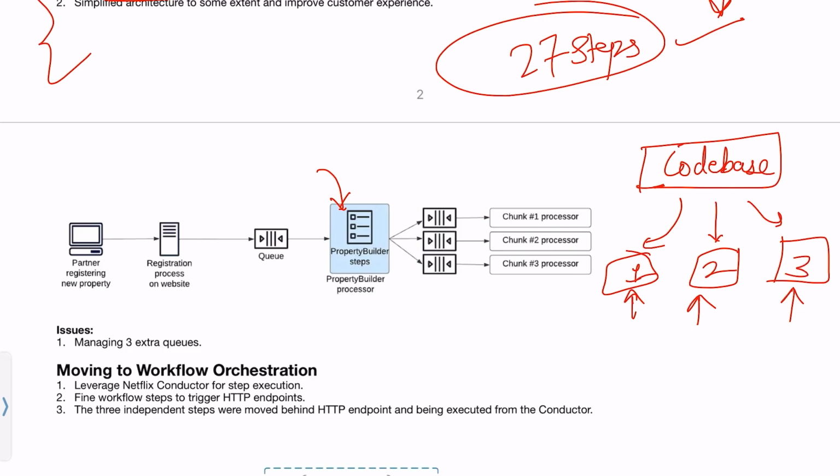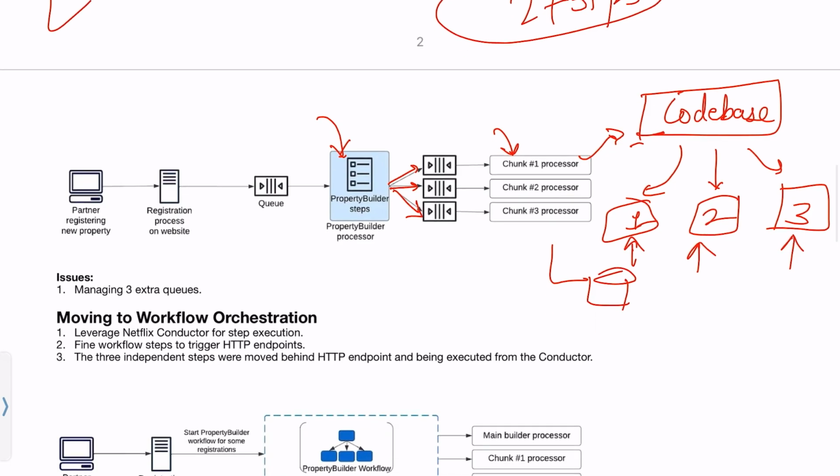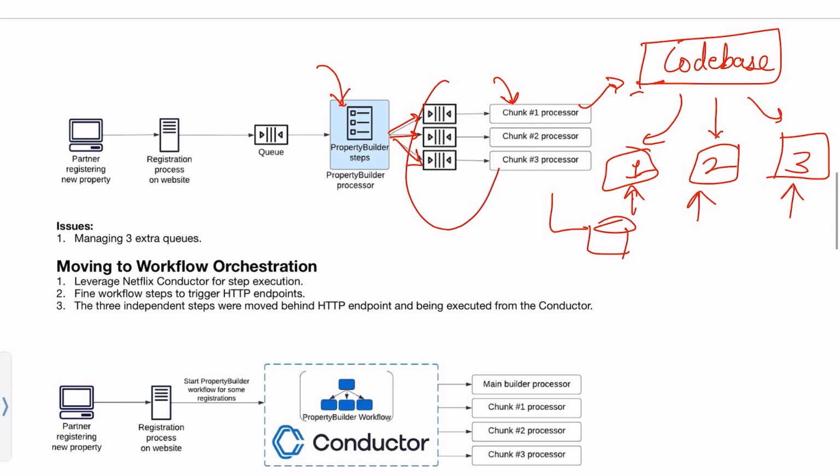You push the execution of these three steps to separate queues. You maintain three separate queues in which you push a message to execute that particular step. The step processor pulls this message, processes it, and finally the data is saved to the database. Now it somehow simplifies the architecture, but you're also adding the overhead of three additional steps.